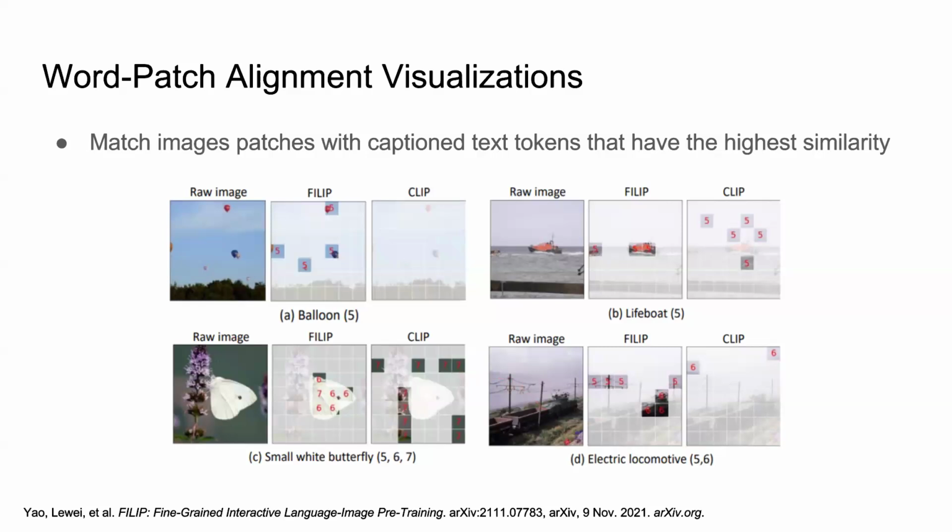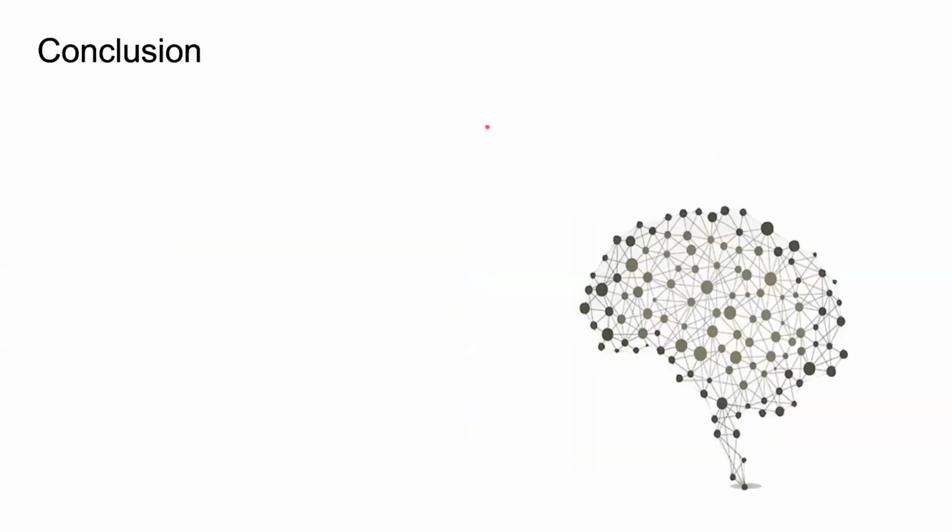And then finally, what FILIP shows is that it can get multiple components of one image. So in this example, the label is electric locomotive. We see the electric patches are these power lines here, and then we see the locomotive is the train up front. So these are some of the ways that patch-to-caption-token training can be leveraged.